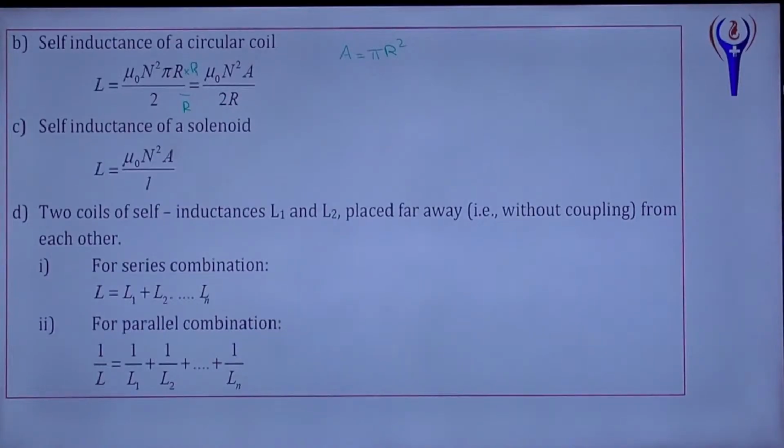In capacitors it is opposite. For parallel combination, reciprocal 1 by L equal to 1 by L1 plus 1 by L2 plus up to 1 by Ln.